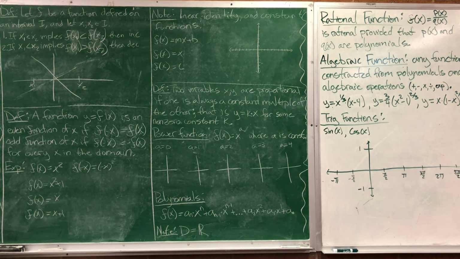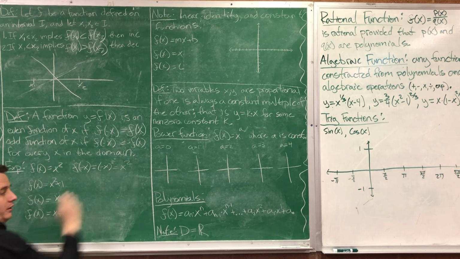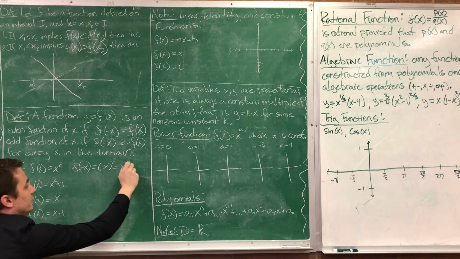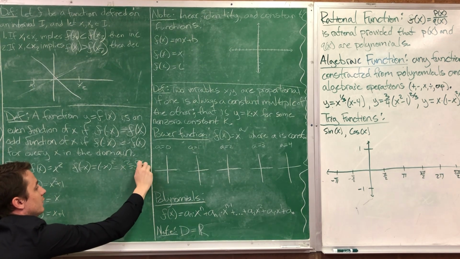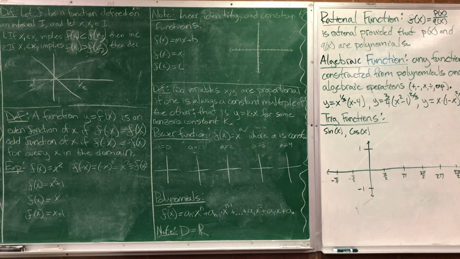You with me on that? Which is the same thing as x squared. I can factor out the negative 1. Negative 1 squared is still just 1, which is f of x. So f of negative x is equal to f of x. So it's even.